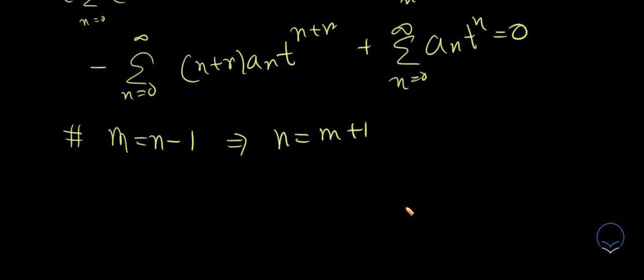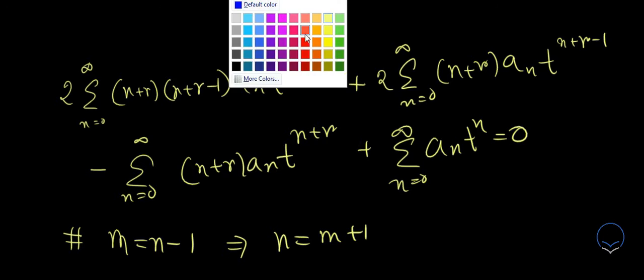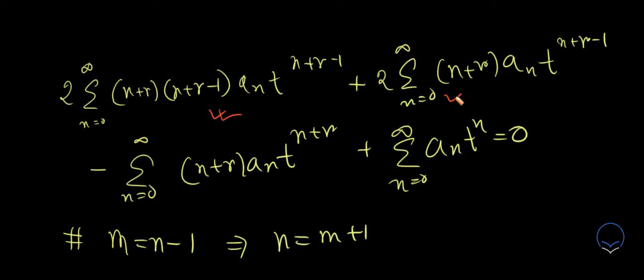And after you are done writing these three terms, that is this one, and okay, so there is no modification needed for this one. Oops, I'm sorry, I think I did something wrong. It should be n plus r. So only these two terms will need some modification, this won't.